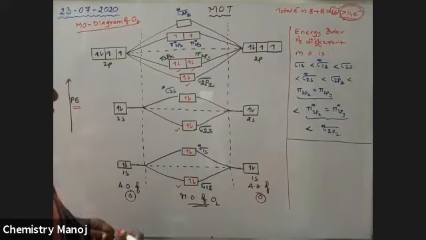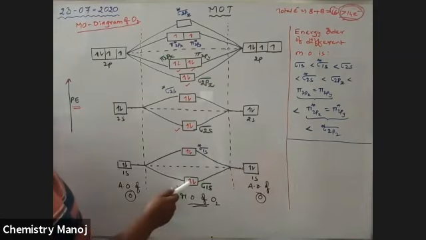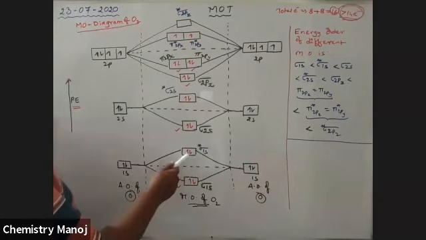See here, I am writing: sigma 1s contains 2 electrons, sigma star 1s contains 2 electrons.